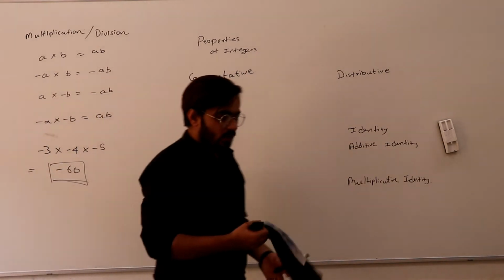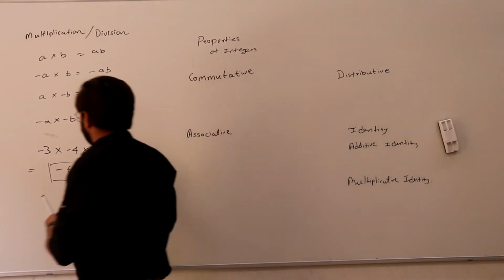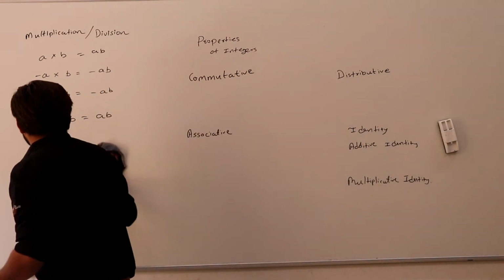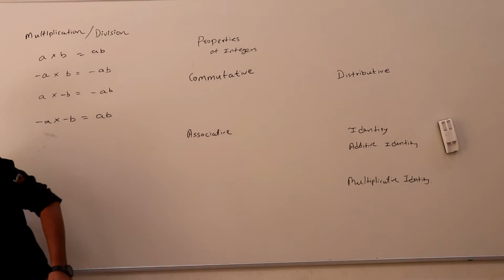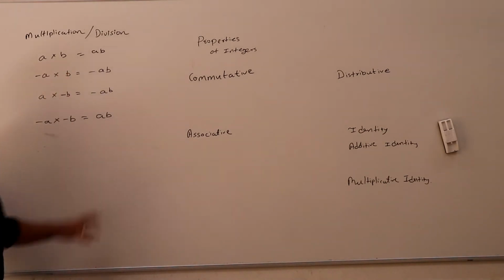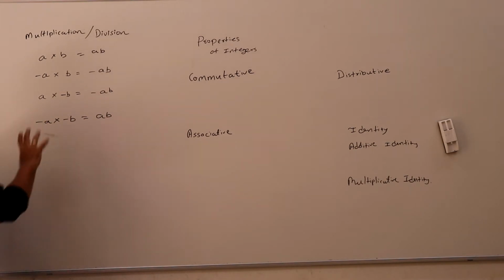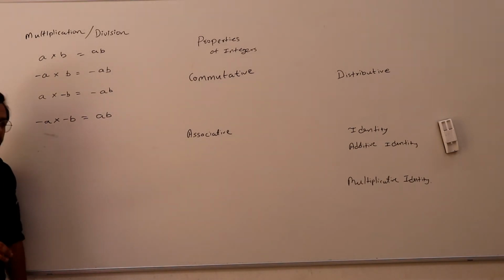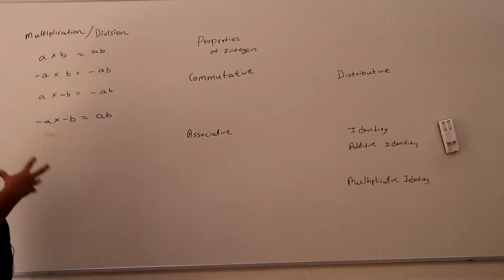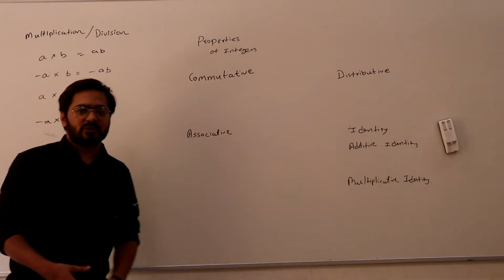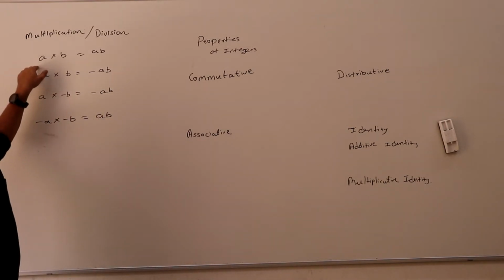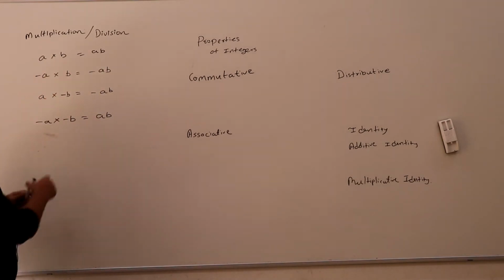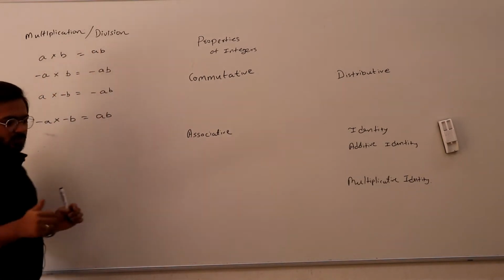Now, what are the rules for division? It's the same rule as multiplication. Regarding the sign, whatever answer we got in multiplication, the same answer we will get in division. That is, a positive number divided by a positive number, the answer will be positive.